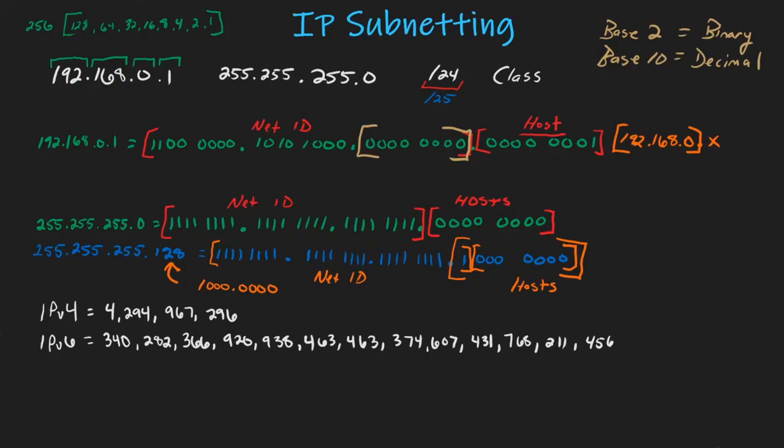Yeah, that's enough addresses that if we were to give every atom on the surface of the Earth an IP address, it would only use a fraction of the available space. We would still have enough addresses left over to IP address the atoms on the surface of over 100 more Earths.